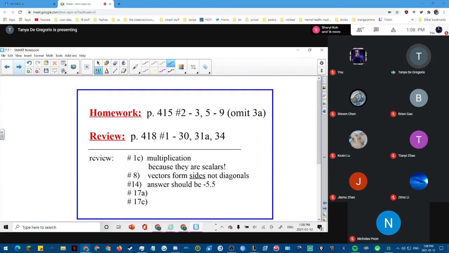So it's clarification. Number 14, answer should be negative 5.5. And 17A and 17C, I'm not sure what's going on there. Let's see if I have a note here. I don't. Anyways, you guys get started and I'll see what's going on here. It could just be that there's an incorrect answer.